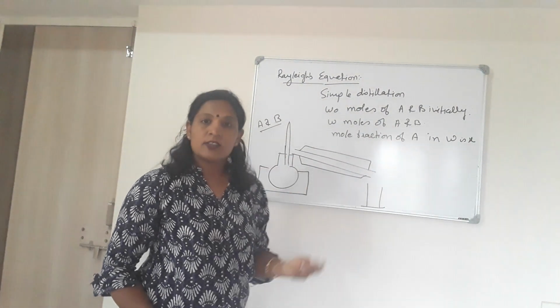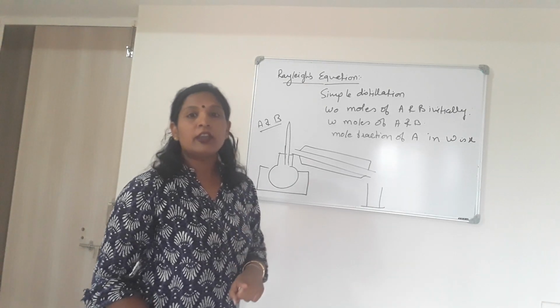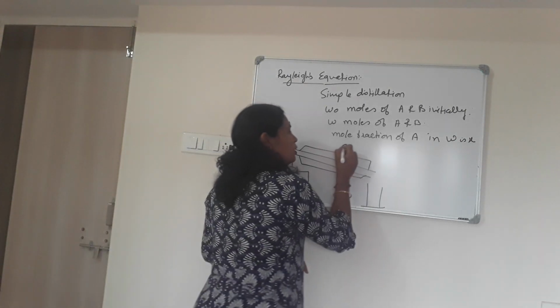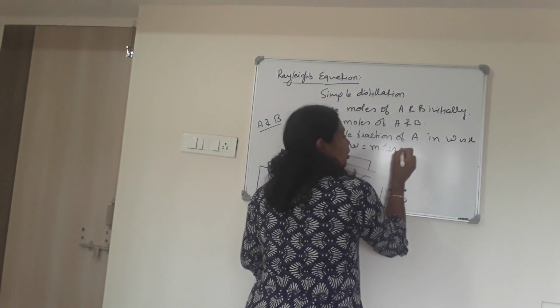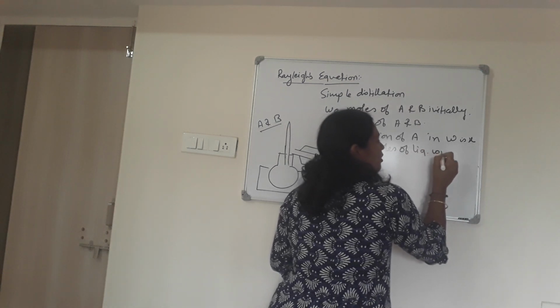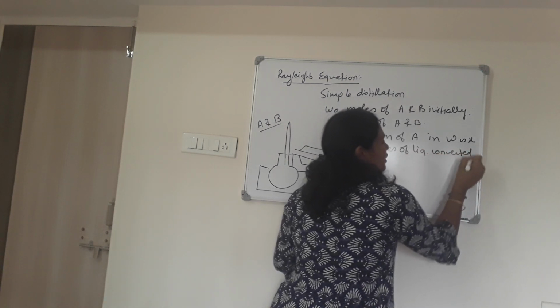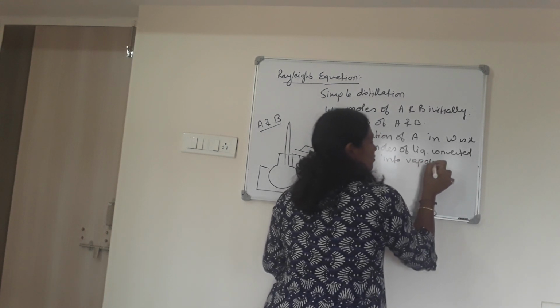Suppose we have started this distillation and the amount of liquid which is converted into vapor is dW. That is, dW is equal to the moles of liquid converted into vapor phase.